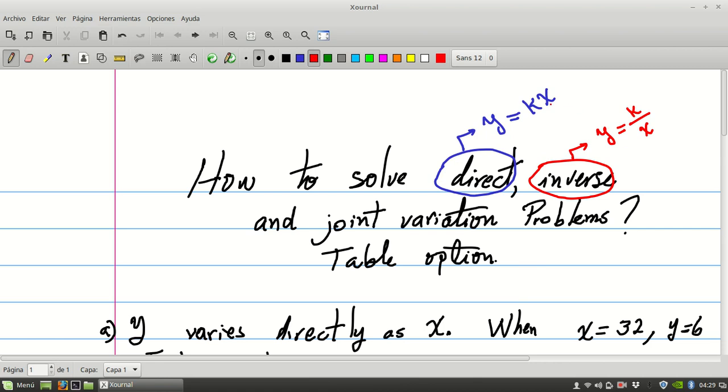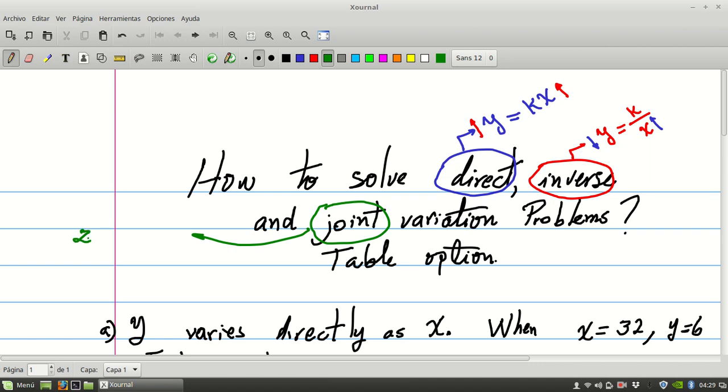In the first case, every time x increases, y increases, and in the second case, every time x increases, y decreases.